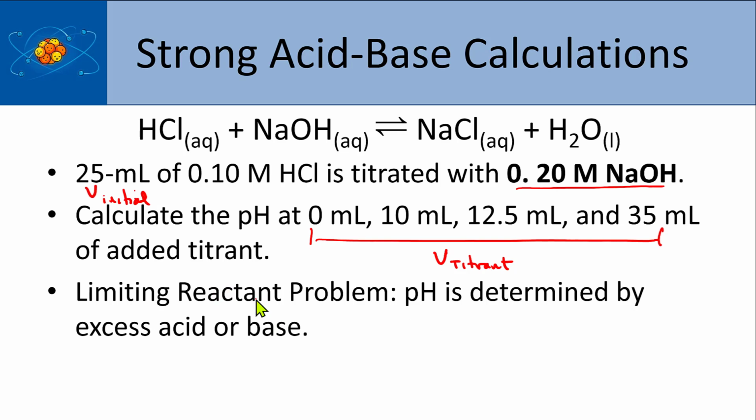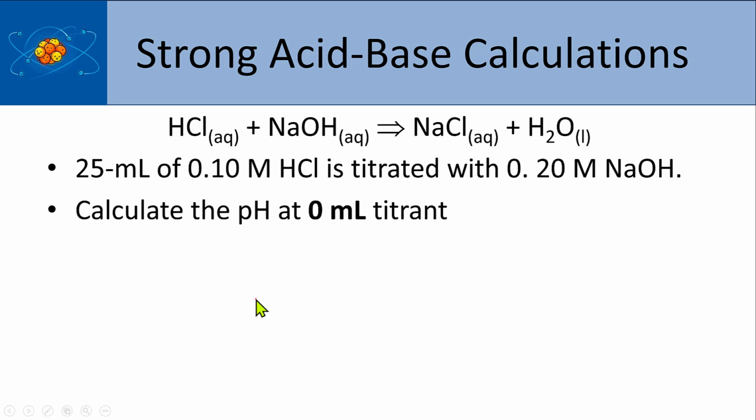So let's look at the problem. Part 1 is the easy one. It says 25 mL of 0.1 molar HCl is titrated with 0.2 molar NaOH. Calculate the pH at 0 mL titrant. It might also just say initial pH, and it might not say the mL. How do you do that? This one throws people, but all you have to do is remember this is your molarity.